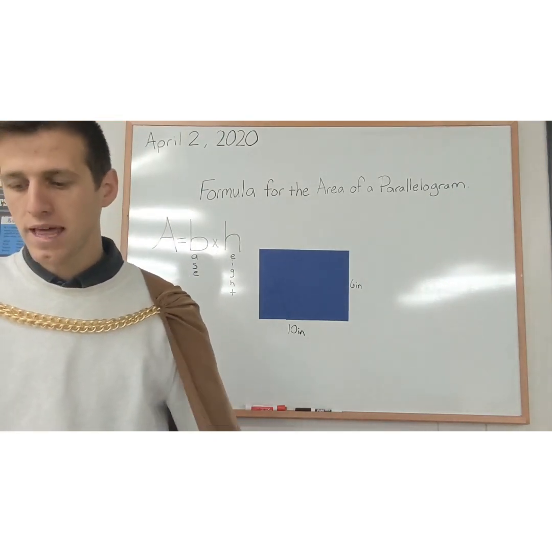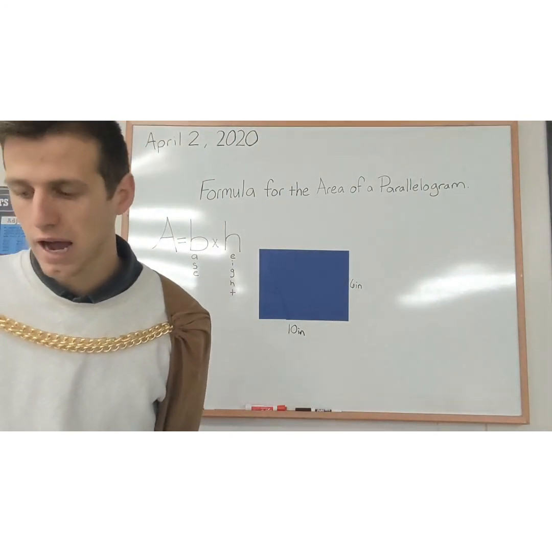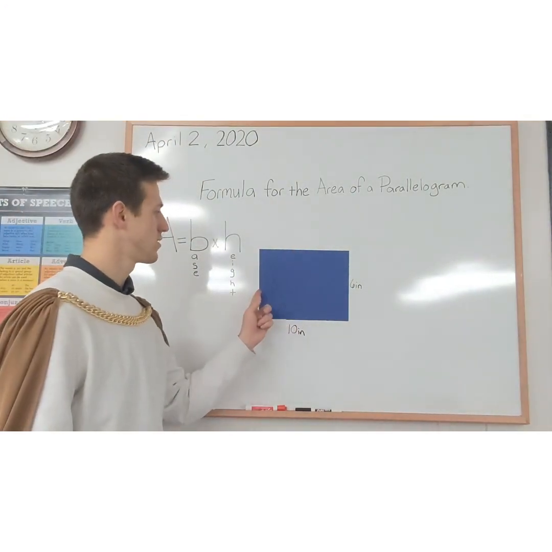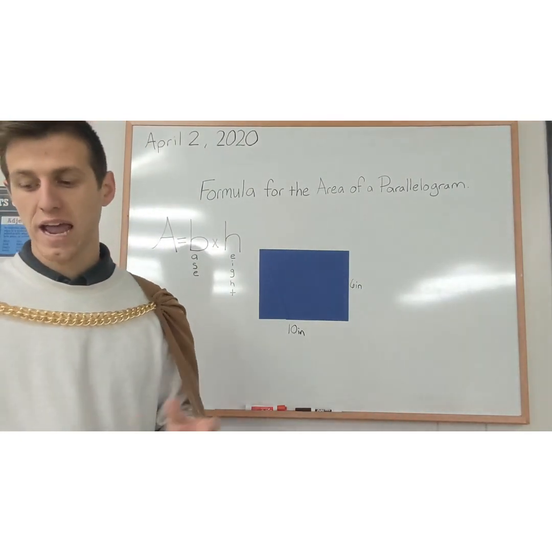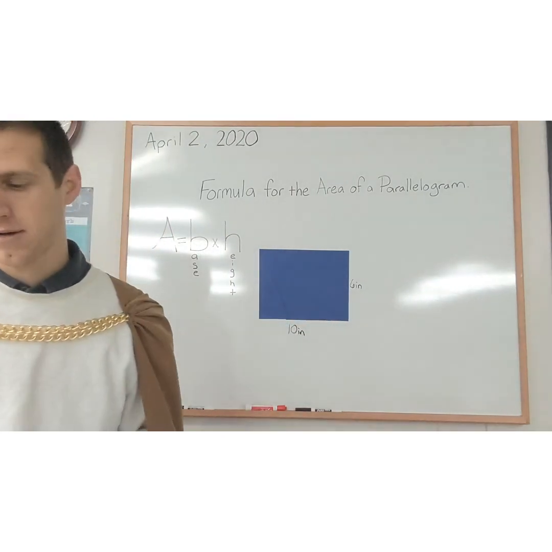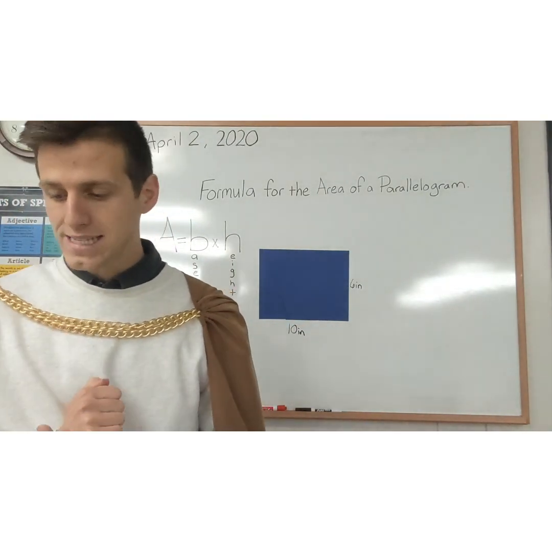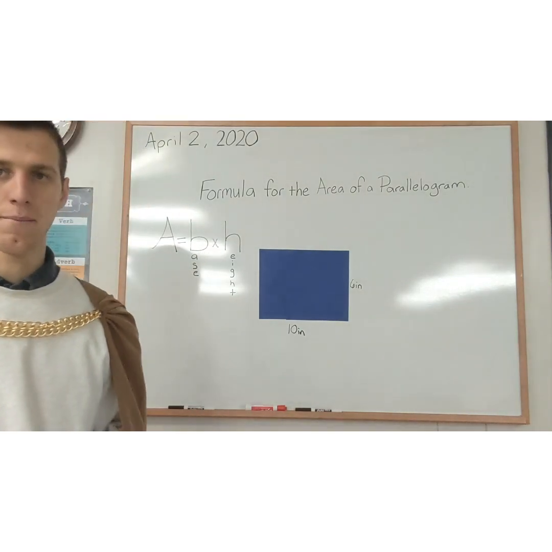It says, you remember that a parallelogram is a quadrilateral whose opposite sides are parallel. Squares and rectangles are parallelograms because their opposite sides are parallel. But the following shape is also a parallelogram, all right?